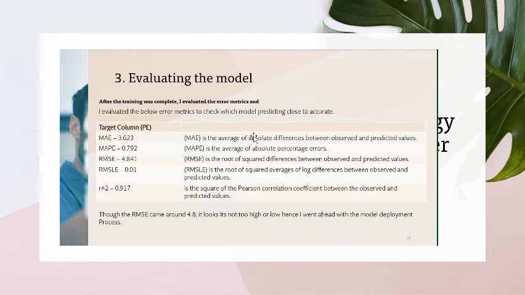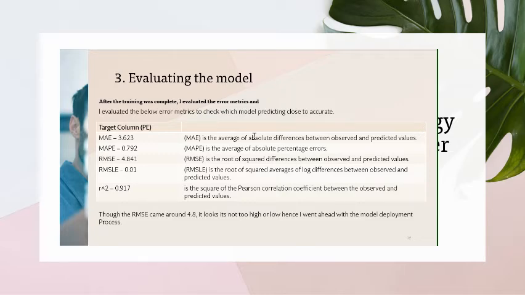For evaluating, there were a lot of model error metrics available. For example, the mean absolute error, which is MAE, then we have the mean absolute percentage error, the root mean square error, and root mean squared log error.